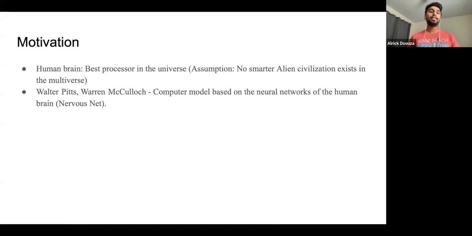So in 1943, Walter Pitts and Warren McCulloch together designed a computational model that used threshold logic. This is basically nothing but an activation function, and they used it to build this computation model, and they called it the nervous net. So this was the beginning of deep learning.